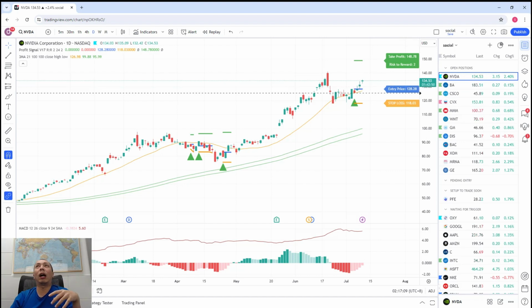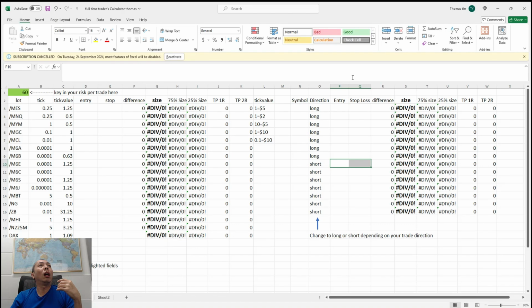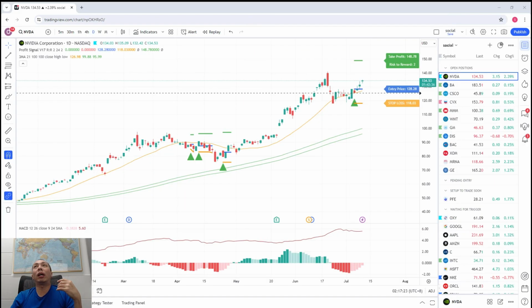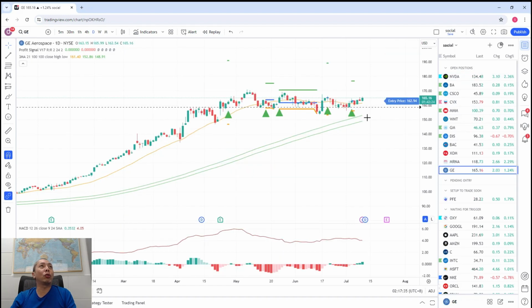I use it as a simple calculator, an Excel spreadsheet will do, like what you see over here. I'll talk more about that in another video, because I don't want the video to be too long. But very importantly, I did all these trades because they all triggered.